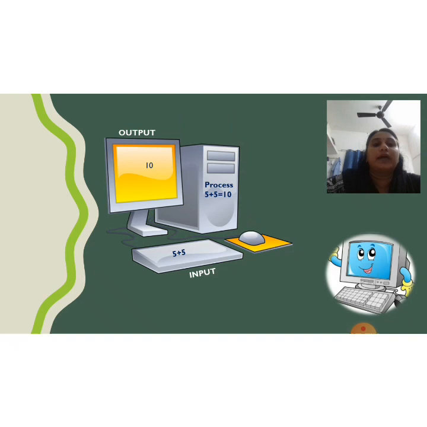So 5 plus 5 is inside the processor and the processing work is done inside the CPU, and the result 10 is displayed on the output device. So we type on the input device keyboard, the processing is done inside the CPU, and the output is generated on the monitor. So this is how our computer works.